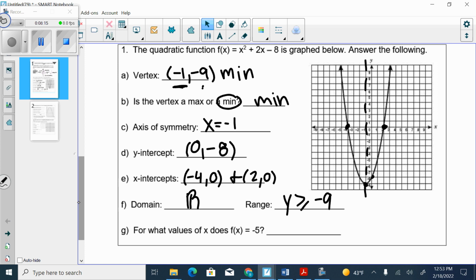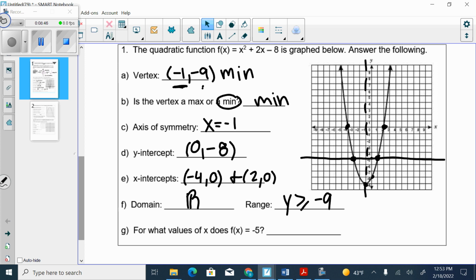Okay? All right, and then last question, they ask, for what value of x does f(x) equal -5? Okay? So I go to my graph, and I'm going to go to -5. -5 is right here, right? Okay. If I draw some line at -5, how many times did it cross my graph? 2 places, right?